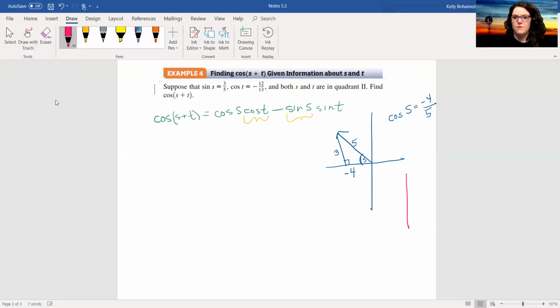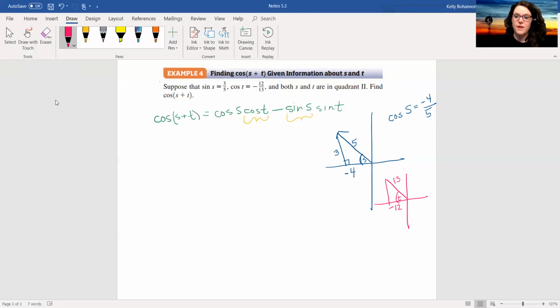All right, so here's my other coordinate grid, also in quadrant 2. This time the angle is angle t. And this time my hypotenuse is 13. And it's cosine, so it's the adjacent piece. So it's -12/13. So I need to figure out this missing leg in order to find sine.